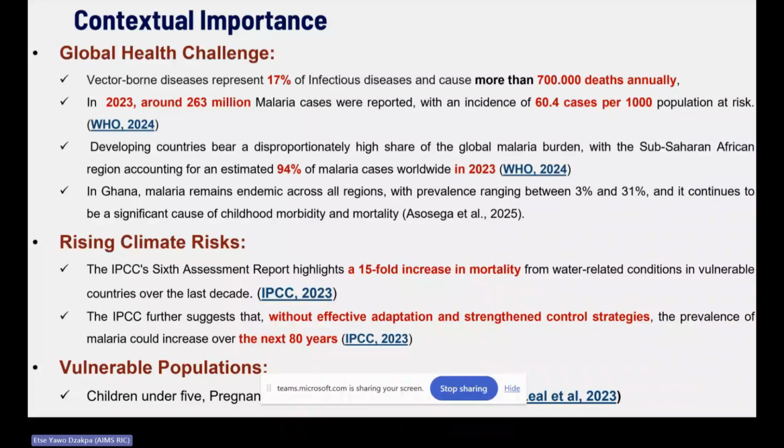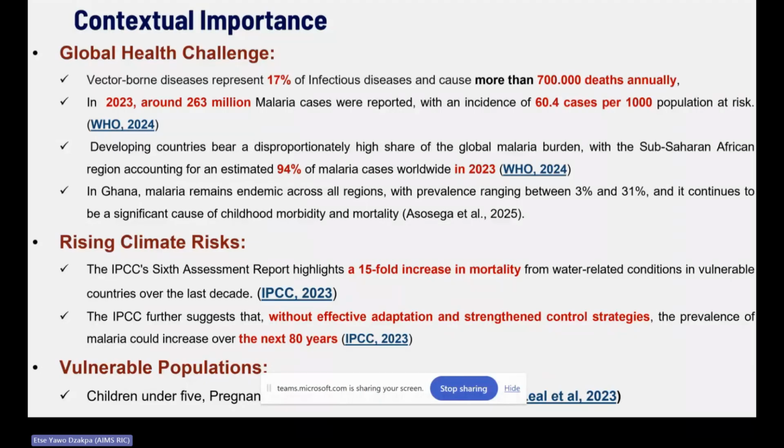Among vector-borne diseases, malaria is one of the highest, and it affects women. We notice that, for example, 263 million cases were reported in 2023, with an incidence of 60 cases per 1,000 population at risk. Those are the statistics we found from the World Health Organization.